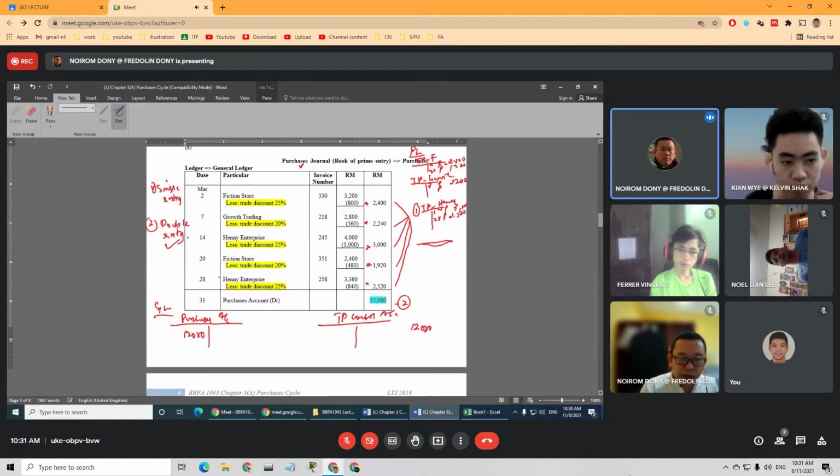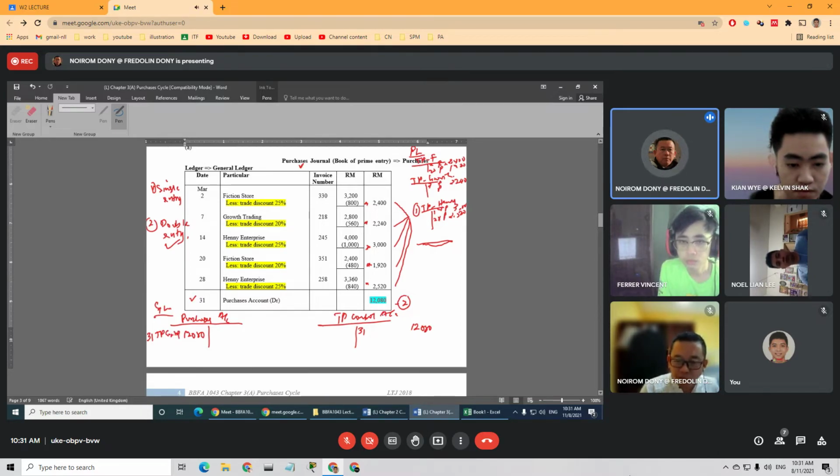And then based on this date, 31st March. This one also 31st March. And the particular, in the purchases account, is the name of the account that is being credited, trade payable control.